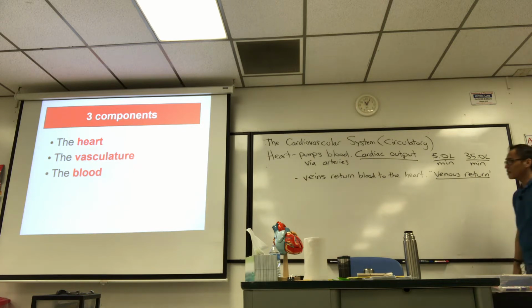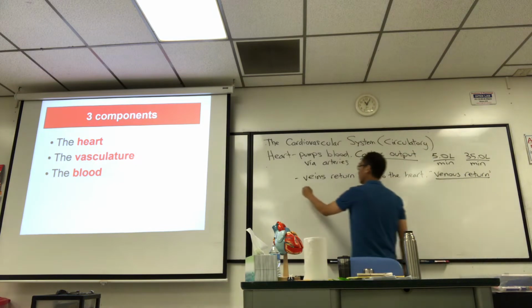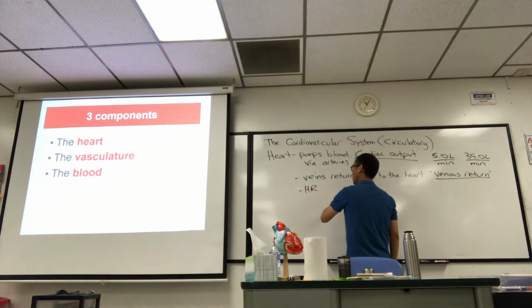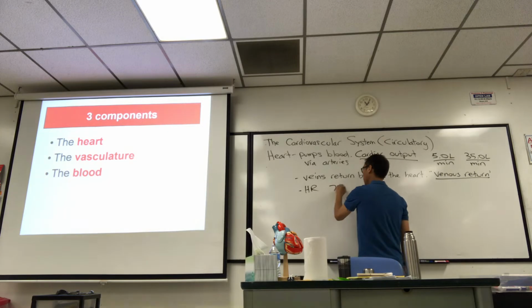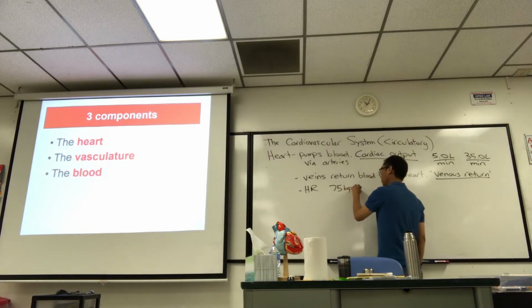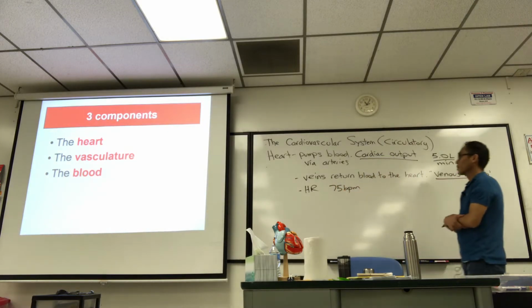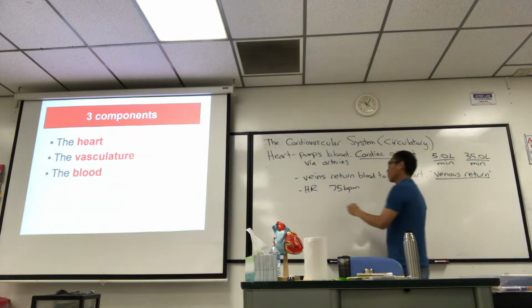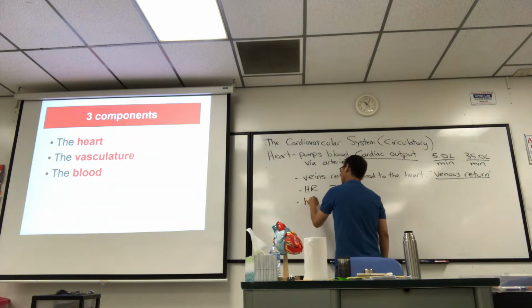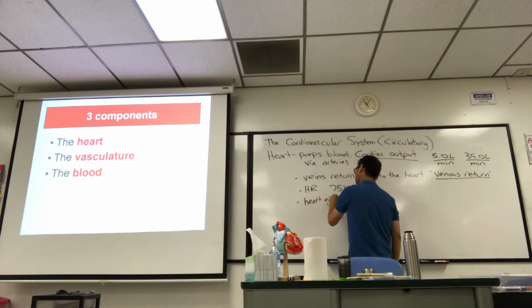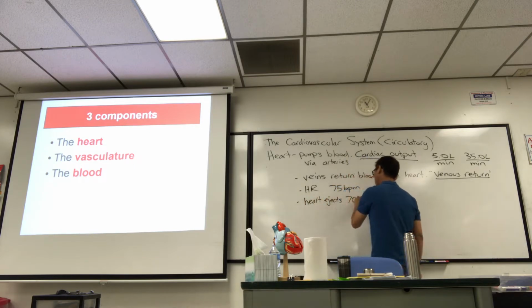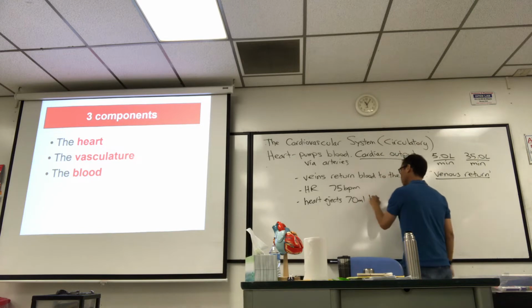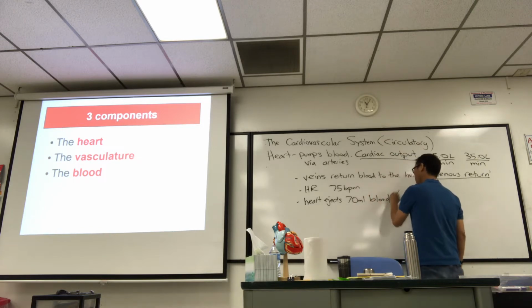So the heart rate, HR, something like 75 beats per minute, BPM, your heart rate. And with each beat, the heart will eject about 70 ml of blood per beat.